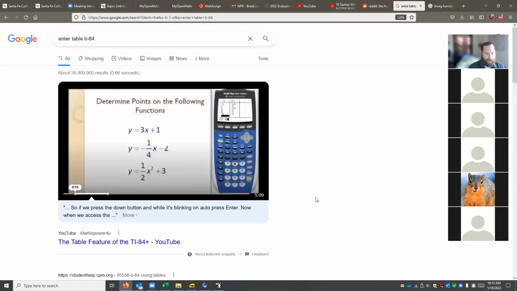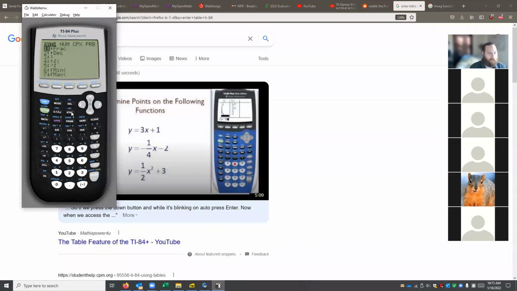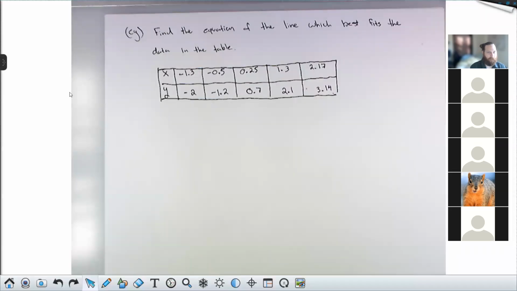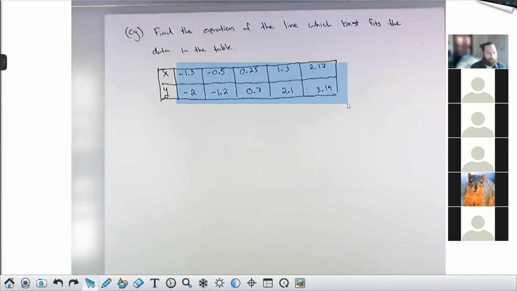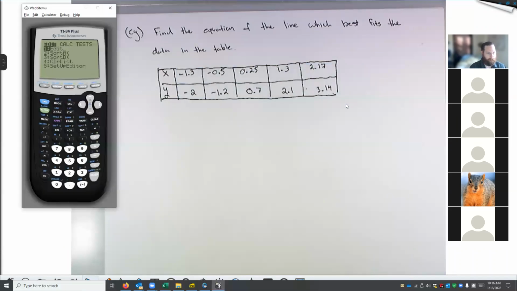Isn't it stat calc? Ah, yes. Thank you. So stat. Okay, so let's come back here. All right, nice clean. So what we're going to do is hit stat and then edit. That's the first thing we're going to go to, and that's where we're going to enter our table. So let's put this in our notes.